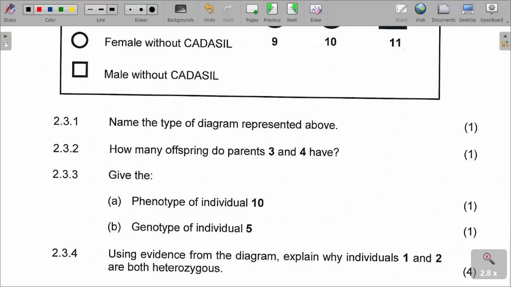Name the type of diagram represented above. It is called a pedigree chart or pedigree diagram.